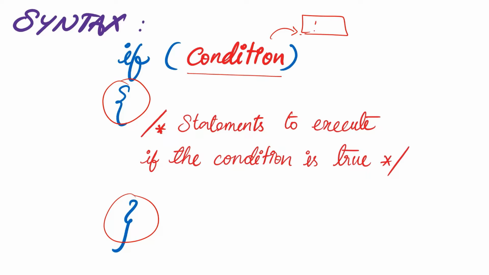So those statements will be represented here. Within this block of code, we can write whatever we want. If the condition is true, then we have to execute a plenty of lines of program, then we can write all those lines here. This is the syntax. Now let's see one example.